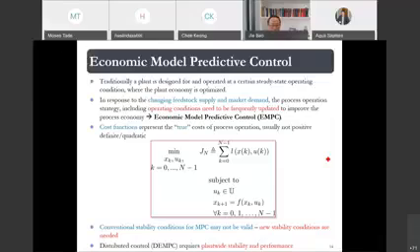And certainly, when we look at the implementation of economic model predictive control in a distributed way, then the distributed EMPC would require the plant-wide stability and the performance conditions to be satisfied.